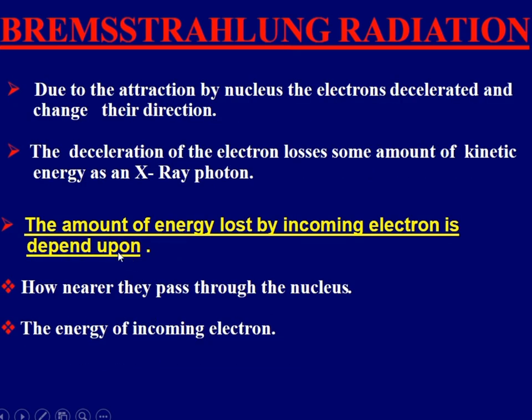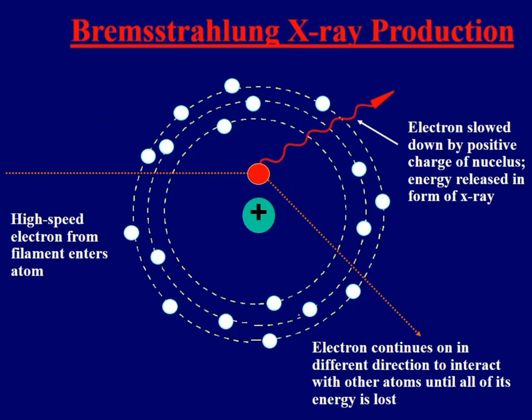Due to this force of attraction, the electron is decelerated, the direction of the electron is changed, and it loses some energy, and this loss of energy is converted into the energy of the X-ray photon. So this is the basic physics behind Bremsstrahlung X-ray production.